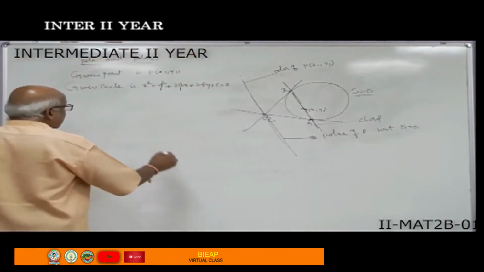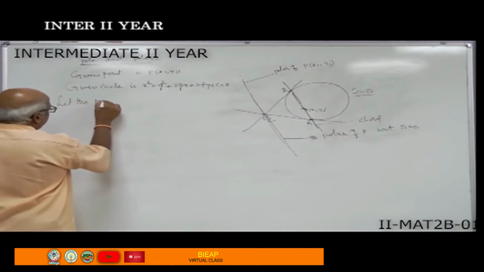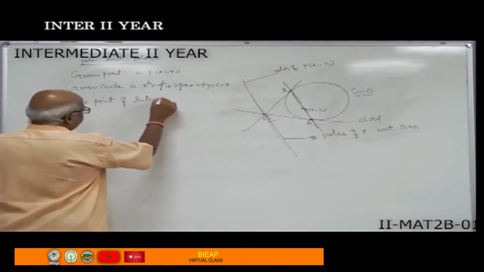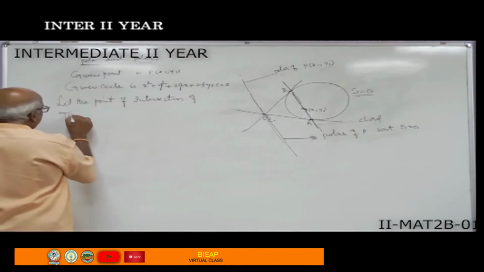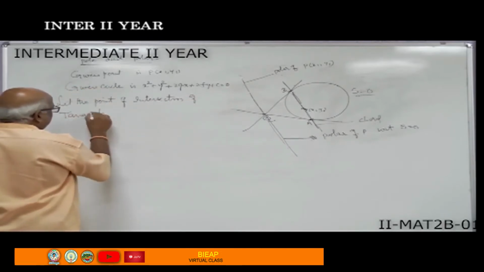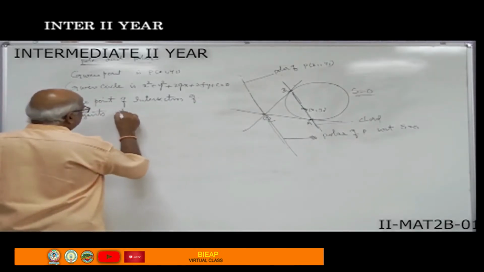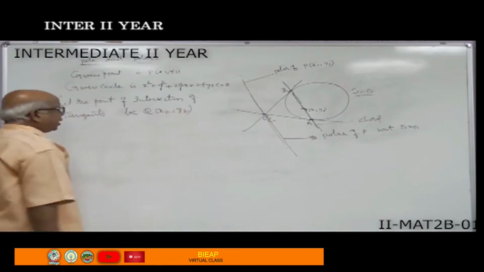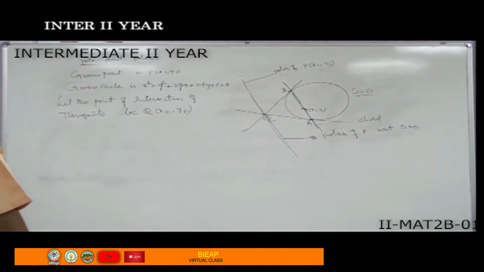Now, let the point of intersection of tangents be Q x2 y2.